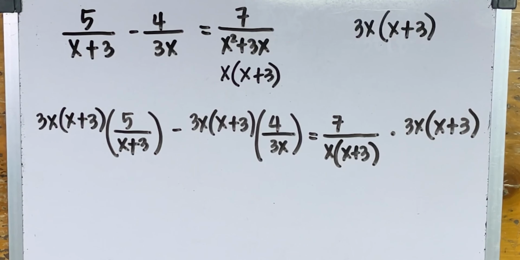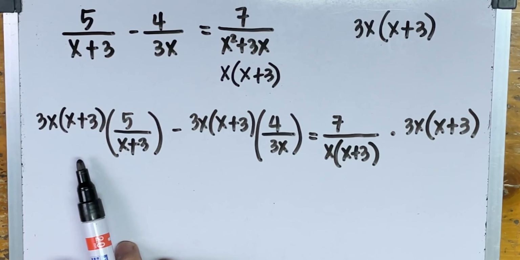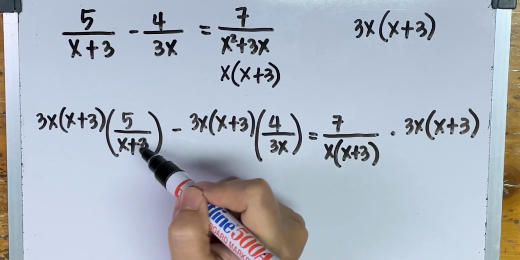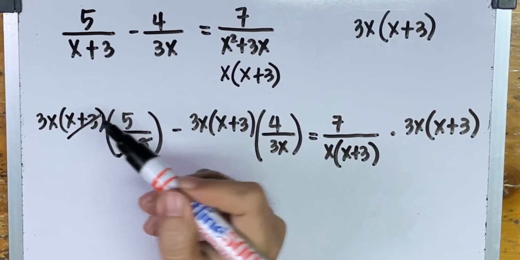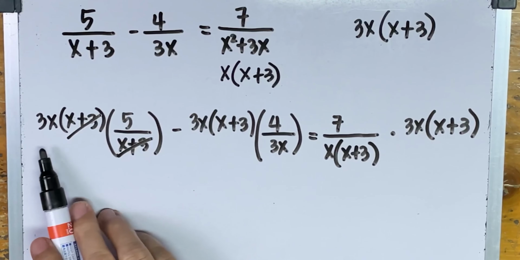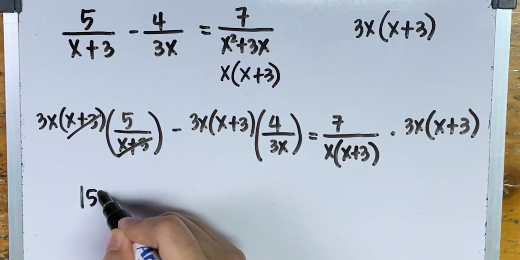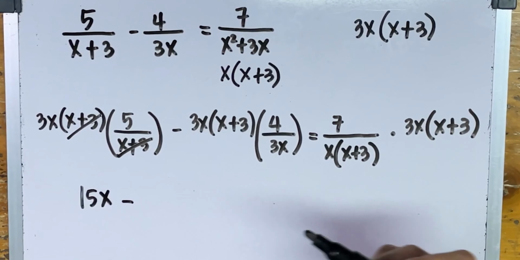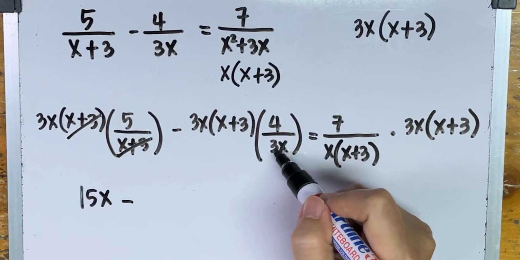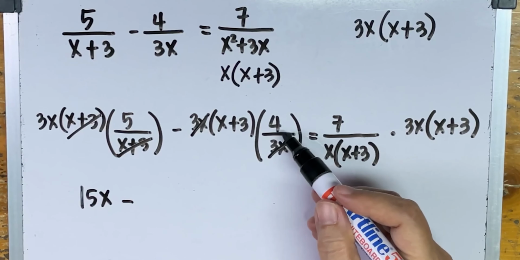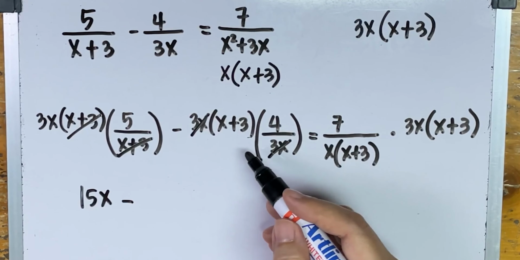So, next, multiply natin lahat ng term with the LCD. Okay? Once we multiply, we can simplify by canceling. So, x plus 3 present dito at dito rin. So, we can cancel. That leaves us with 3x times 5. That's 15x. Minus, okay, here, pwede natin i-cancel ang 3x at saka 3x, leaving us with 4 times the binomial.